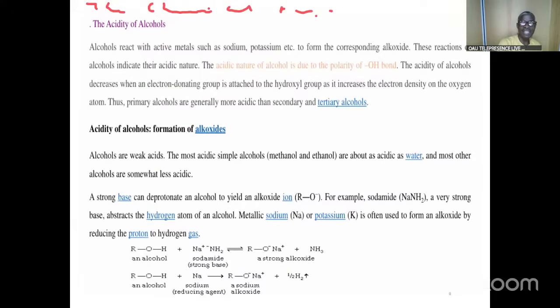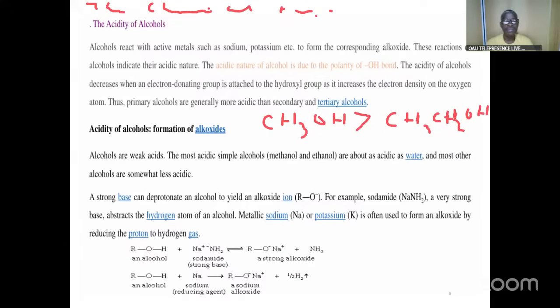What are we saying? CH3OH is more acidic than CH3CH2OH. Primary alcohols are more acidic.